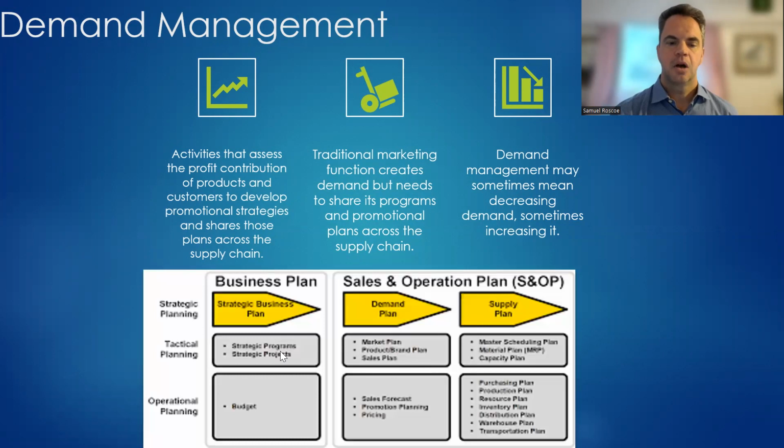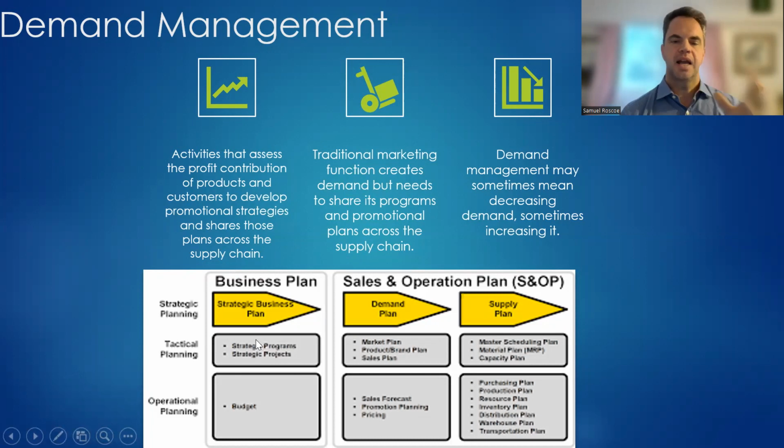When we look at this, you might have your business plan, where you have your strategic planning, which could be a 3 to 5 year horizon. Tactical planning is 1 to 2 years. And when we get into operational planning, we're looking day to day, week to week.